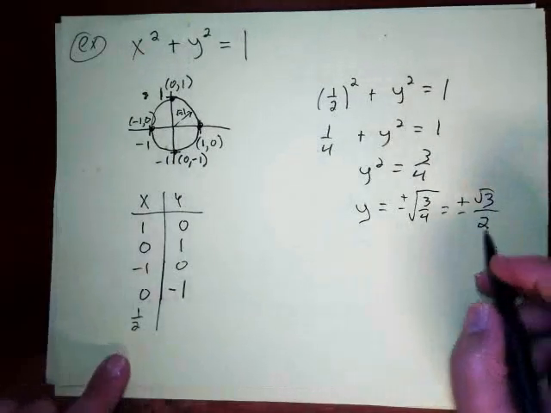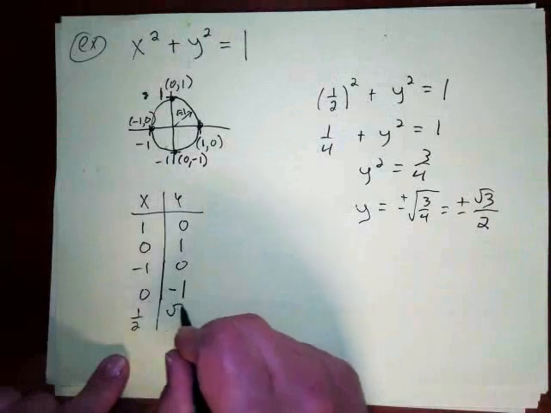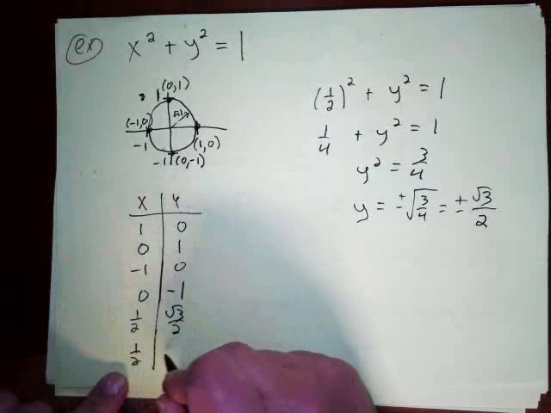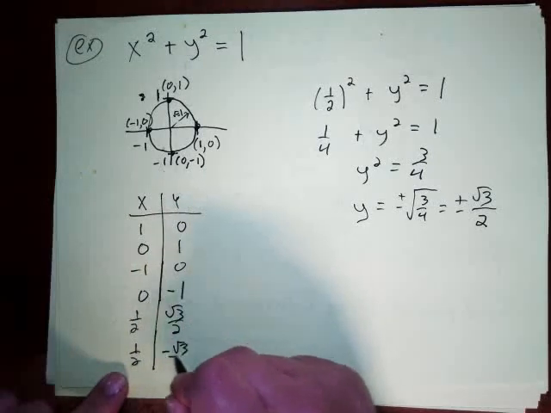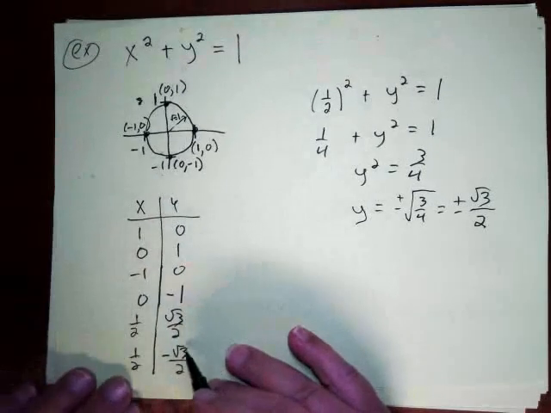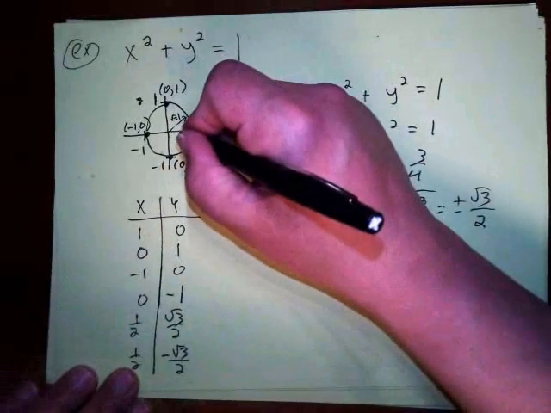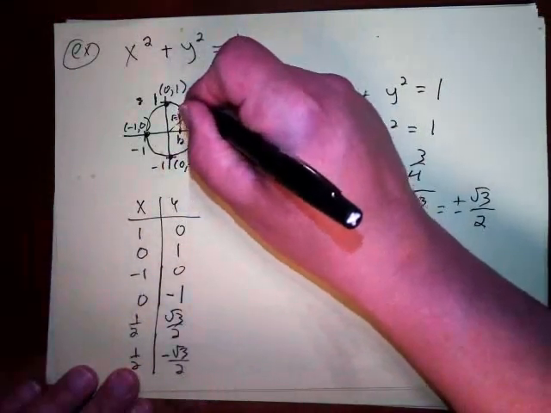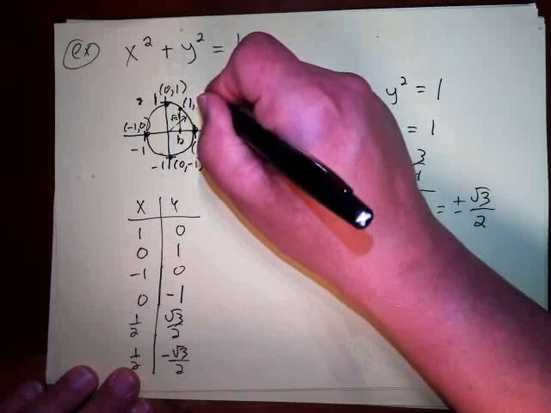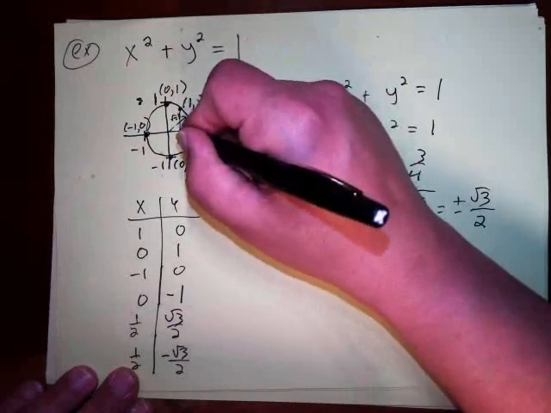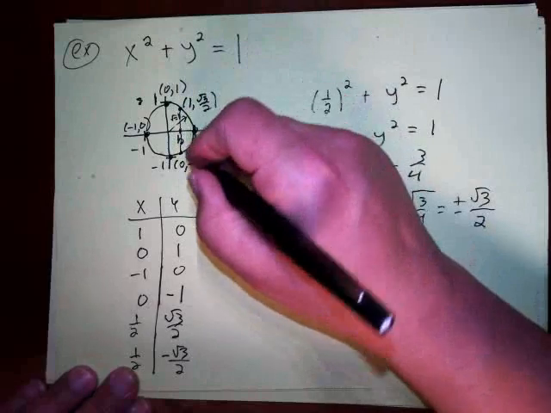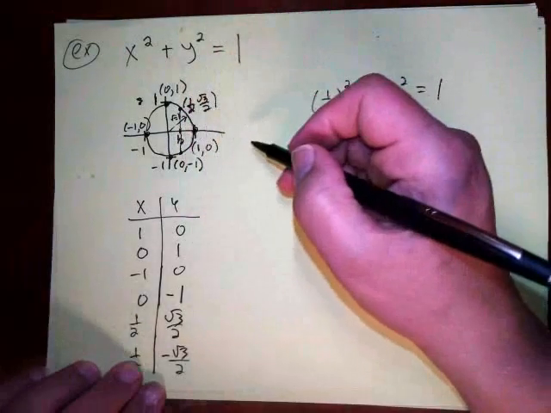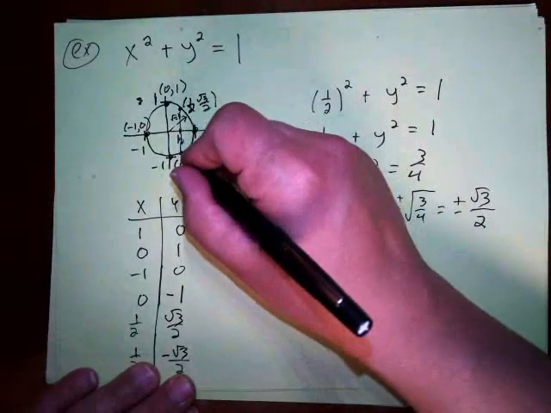Okay, and so I would get 1/2, positive square root of 3 over 2, and then 1/2, negative square root of 3 over 2. So these would be two other ordered pairs, where the x would be 1/2 here, right? This point here would be the positive square root of 3 over 2, and this one down here would be the negative square root of 3 over 2.